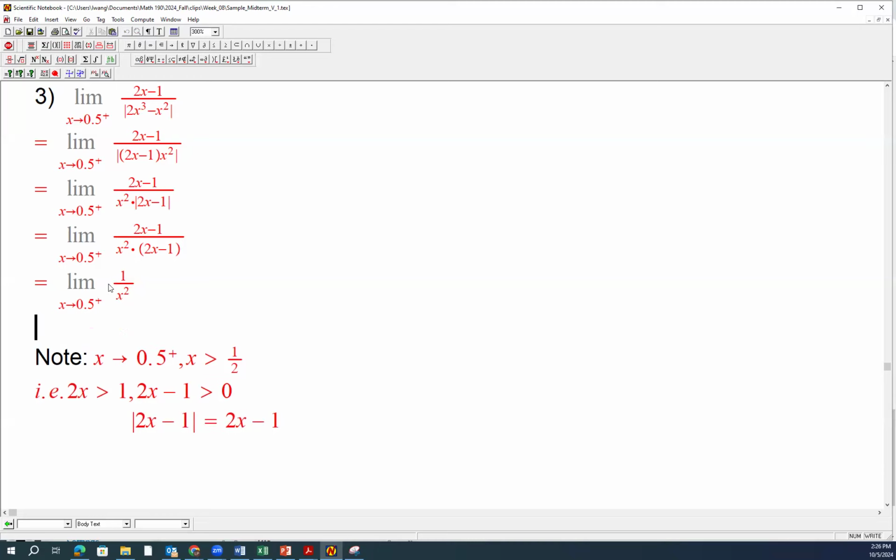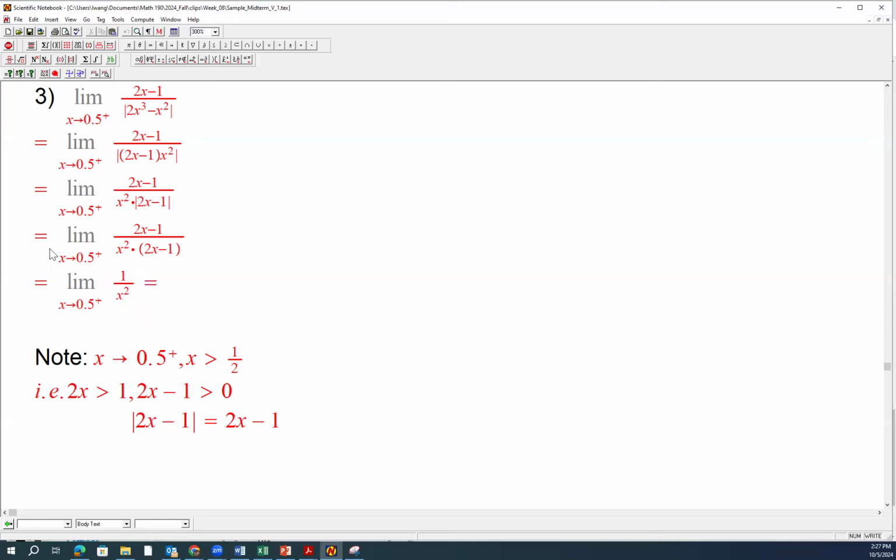Reduced. Now we encounter a rational function. This rational function is defined at half because the domain of 1 over x squared is x cannot be 0. X equals half is well in the domain.